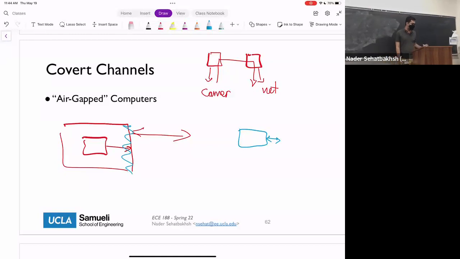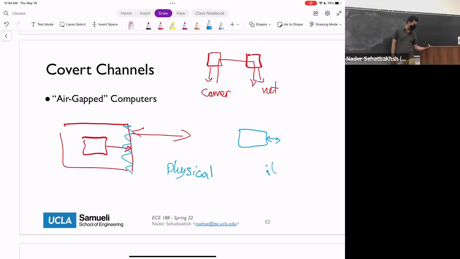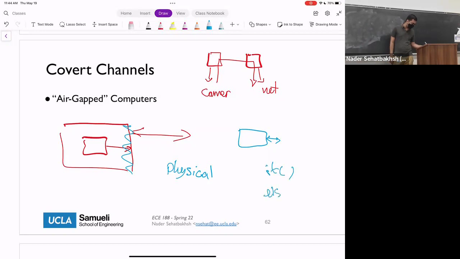Okay. Now imagine that there is a rogue employee in this company that really wants to steal a design file that exists in this laptop. What the attacker can do in this case is use physical side channels to exfiltrate that data. Remember we said that, for example, if I do if then else, the signal that I'm getting is different.